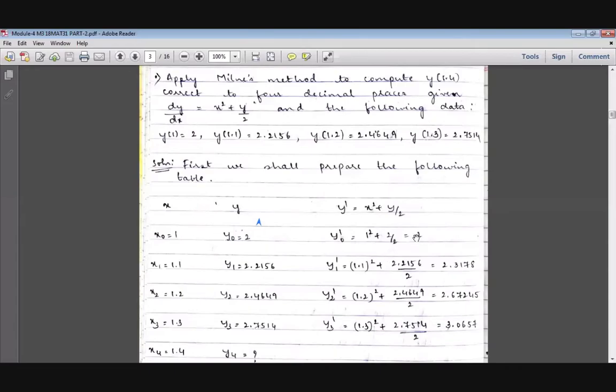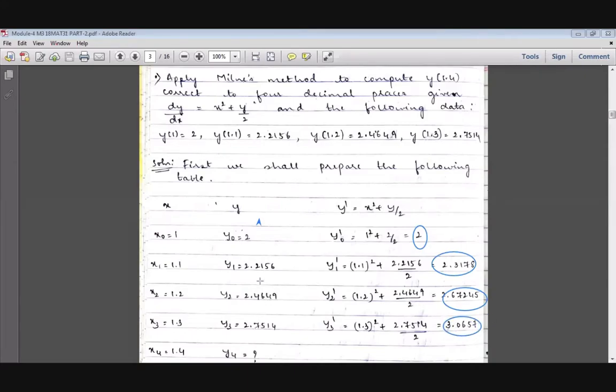The x0 value is 1, 1 square plus y0 value 2, 2 by 2, that is 2. So you got 2. Next, similarly, x1 value is 1.1, y value is 2.2156. So you got y1 dash also. Then similarly find y2 dash, then y3 dash.